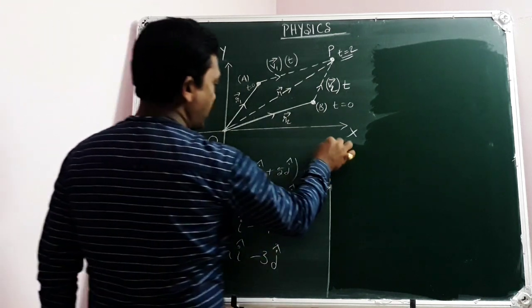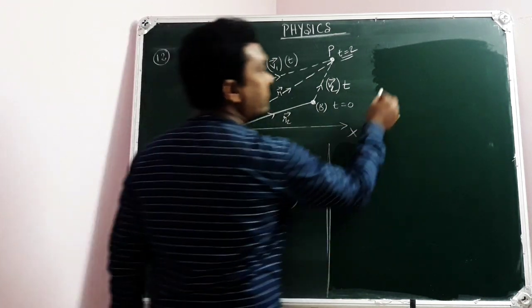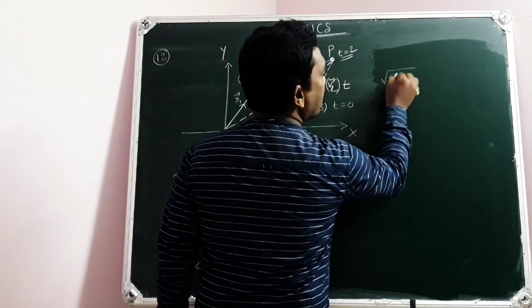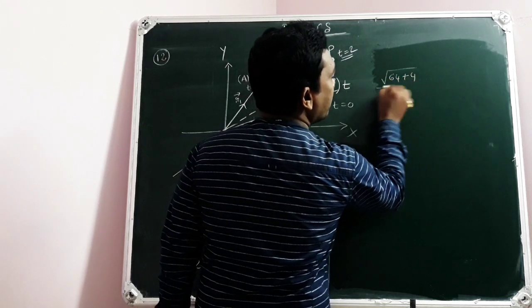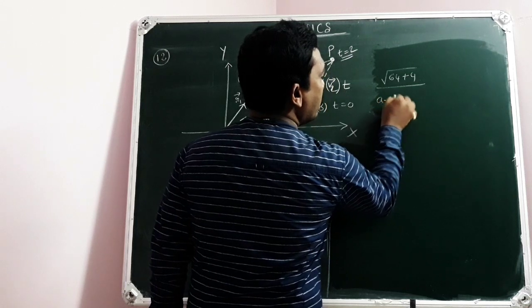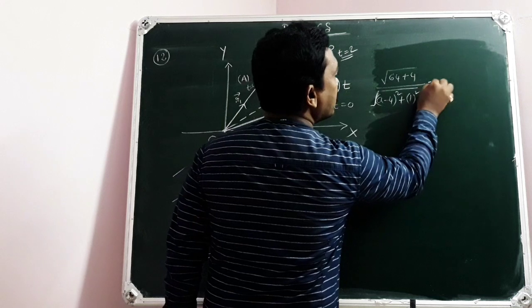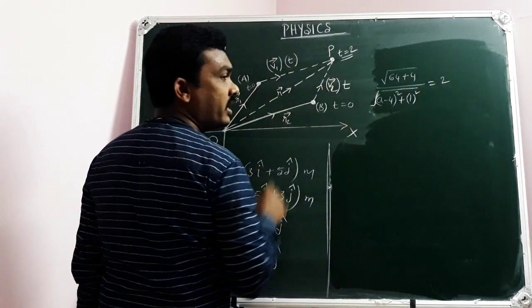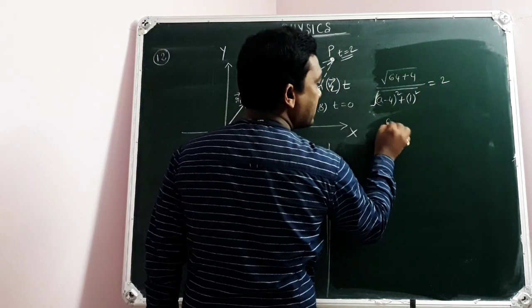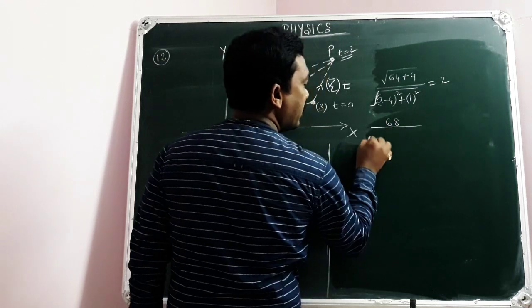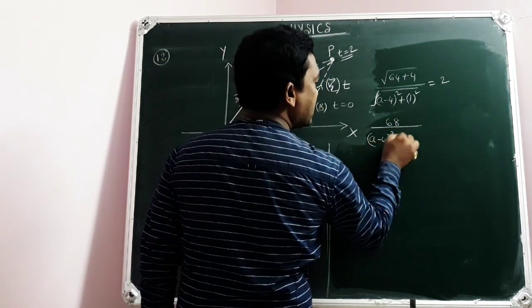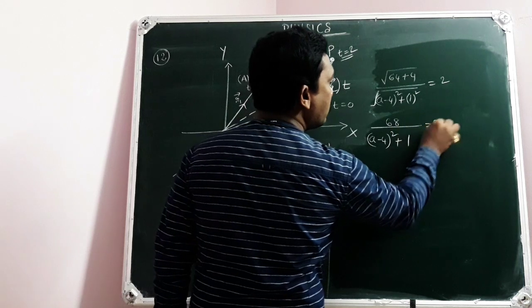So what is the further part of calculation here? Root of 64 plus 4, by root of a minus 4 whole square plus 1 square, equal to 2. Squaring on both sides, the numerator becomes 68, by a minus 4 whole square plus 1 denominator, equal to 2.